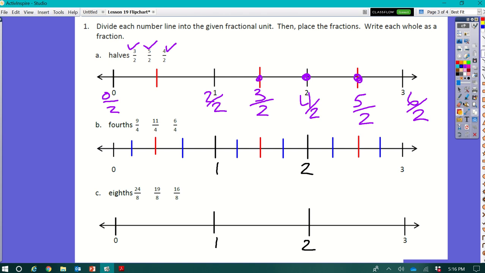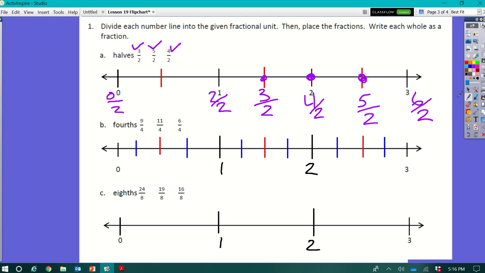And then once I've done that, I can go ahead and start labeling my fractions. So again, I'm going to do blue. Okay, so the first one they ask us to find is 9/4.